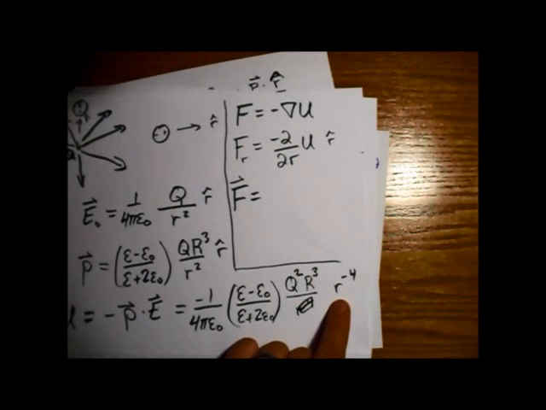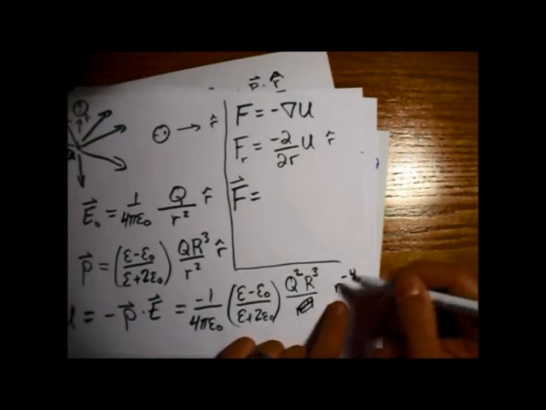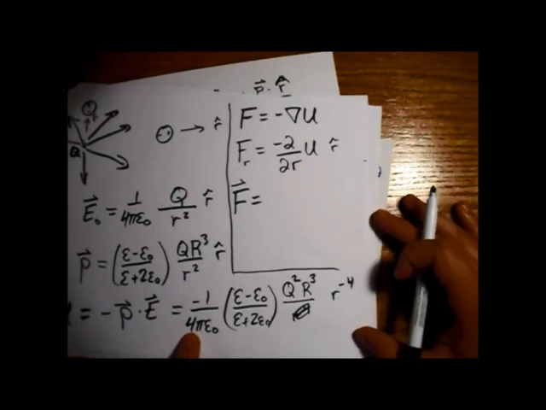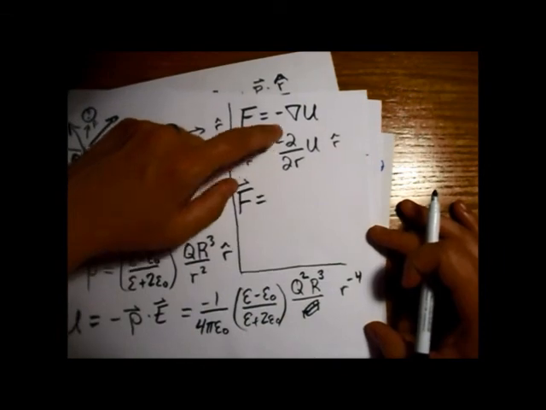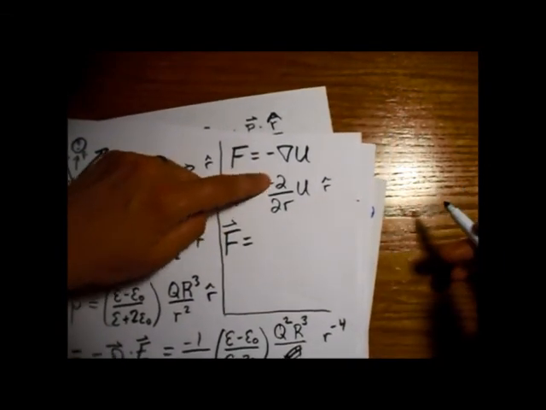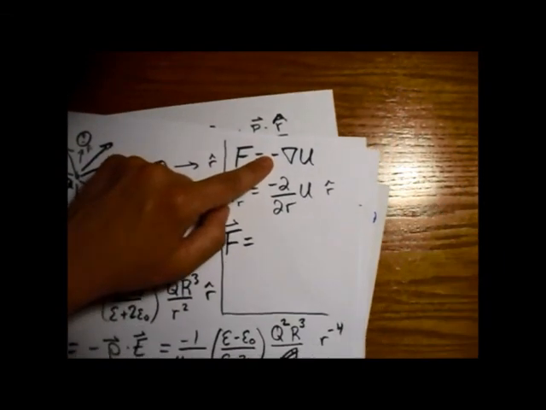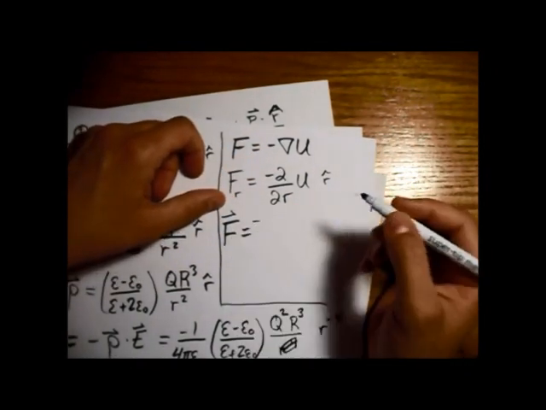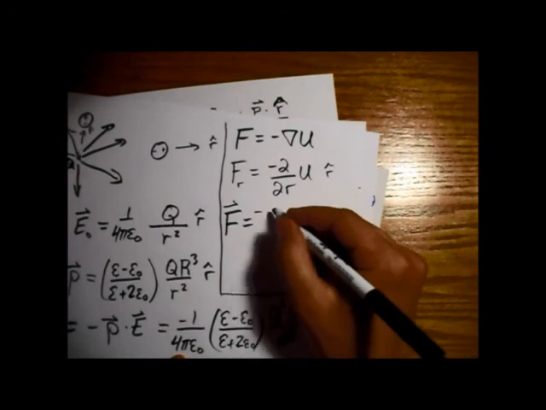It's just easier to think of it when we take the derivative. So we're going to have a minus 4 over here, and that's going to cancel with this 4 and with this minus sign, but we have this other minus sign from way up here when we find the force. So there's still going to be a minus sign, but this 4 is going to cancel with that 4.